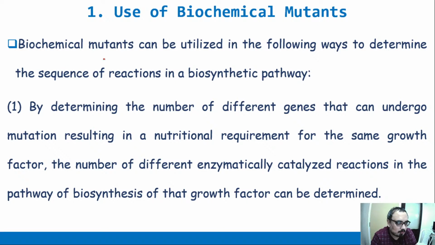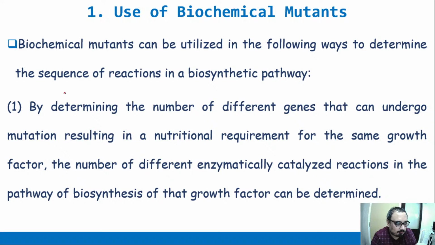The biochemical mutants can be utilized in the following ways to determine the sequence of reactions in a biosynthetic pathway. By determining the number of different genes that undergo mutation, resulting in the nutritional requirements for the same growth factor, the number of different enzymatically catalyzed reactions in the pathway of the biosynthesis of that growth factor can be determined.